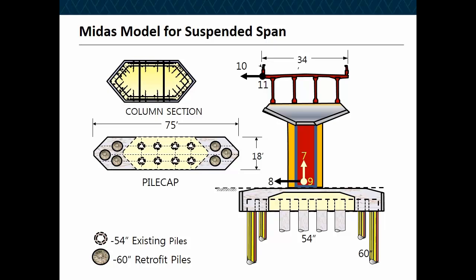But we have recorded motion. Channel 9 and channel 11 are in the longitudinal direction of the bridge. Channel 8 and channel 10 are in the transverse direction of the bridge. And of course, channel 7 is in the vertical direction of the bridge.